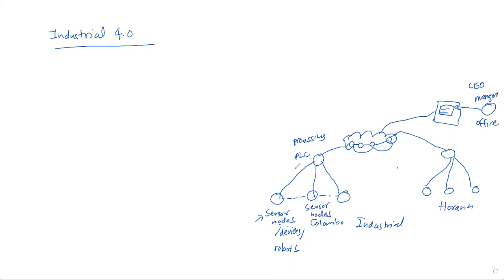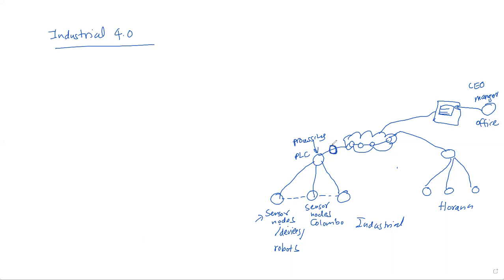Then the data from the sensors will be sent to the PLC. The processing will happen at the PLC. The communication afterwards will be done by the PLC. So processing is mainly done at the PLC. After that, the data will be sent to the router, which is connected maybe to the local area network in the facility, right?